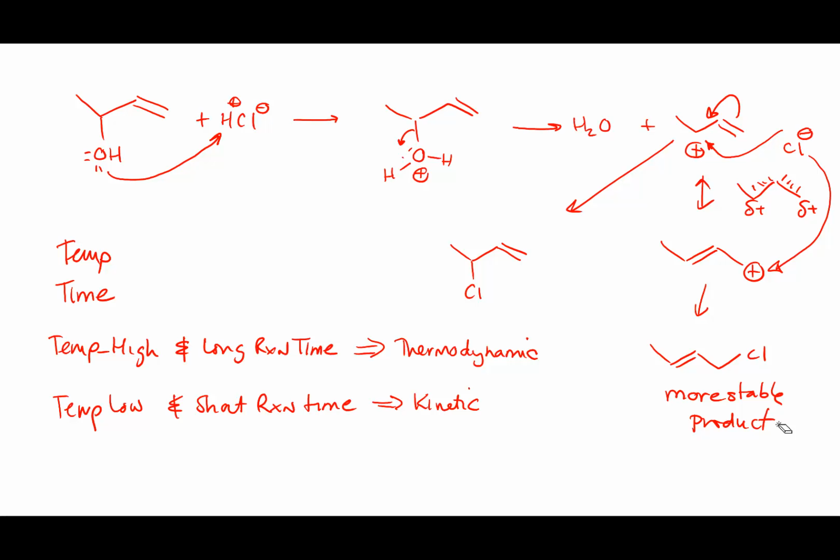Meaning that the top carbocation here, the secondary carbocation, and the thing is it's secondary allylic, would be the more stable intermediate. And the other one being a primary carbocation, primary allylic, would be less stable.